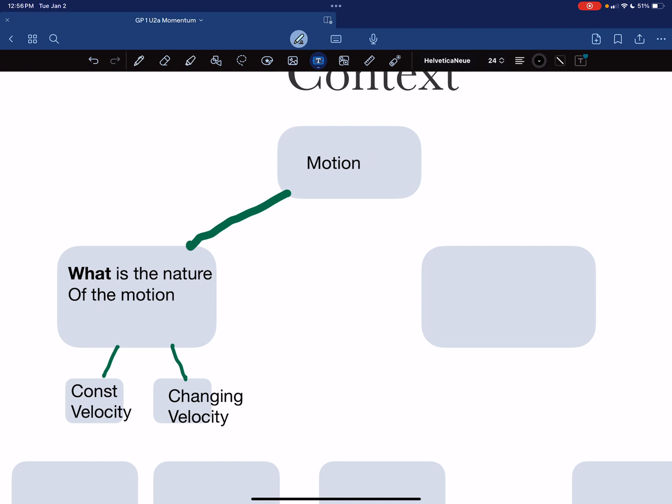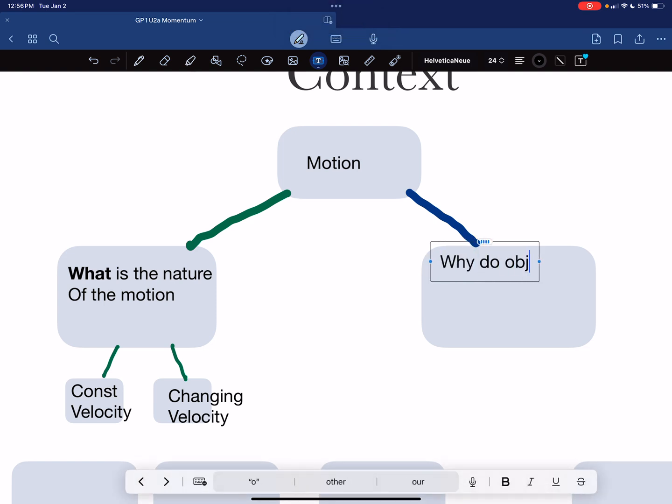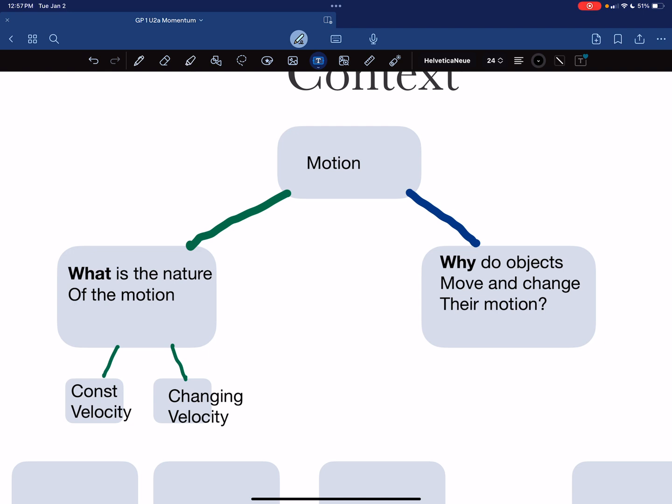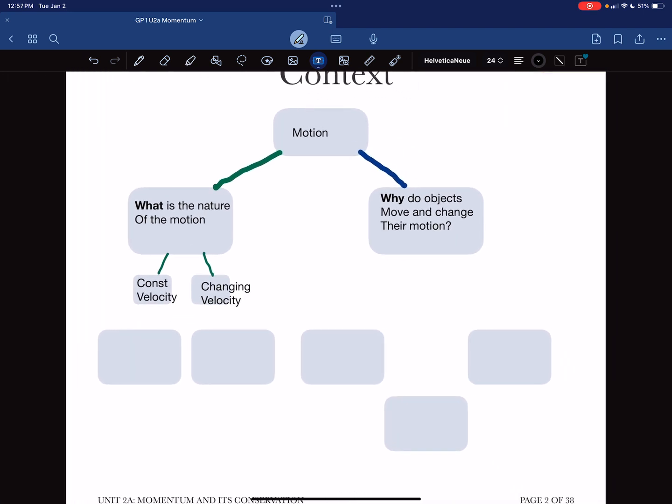Well, we're now in Unit 2 embarking on a very different type of question. And that question is, why do objects move and change their motion? A very big difference. The question is why versus what. A far more interesting question. Now, the answer to that question comes down to two main laws.